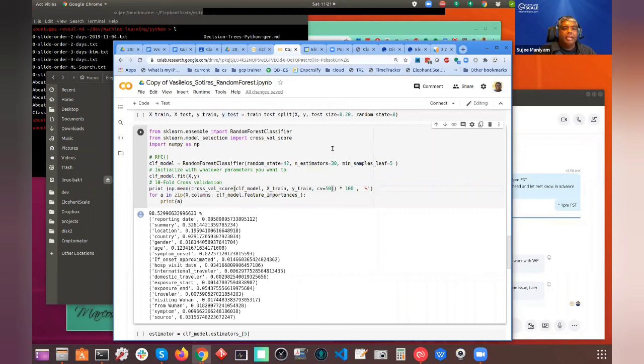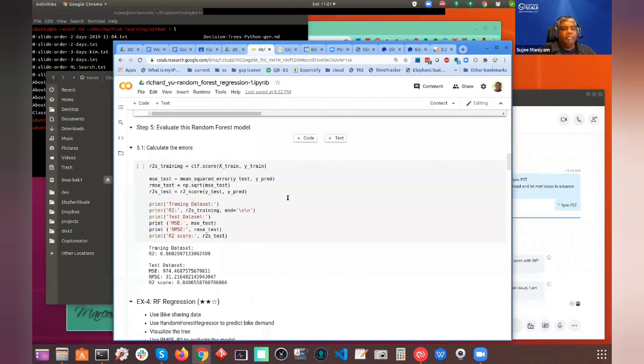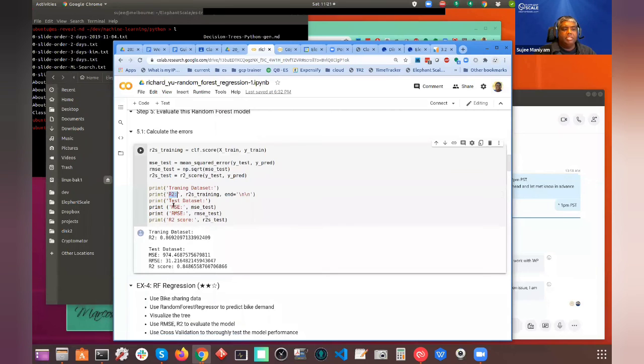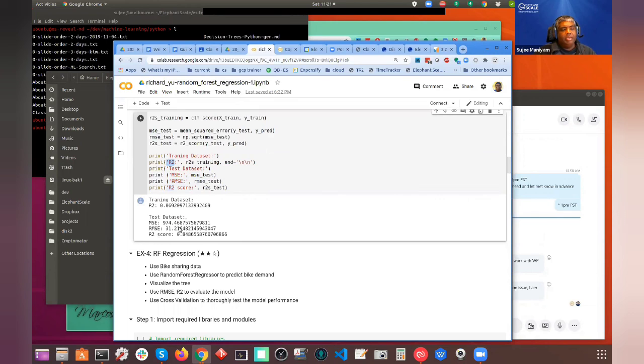But for regression, we have different metrics: R squared and MSE. You always have to think, what's my error metric? I've seen people try to use accuracy for regression. That's not correct, because in regression there's no such thing as accurate. The only thing you can measure is how close you are to the actual value, and that is measured by mean square error and R squared. Anyway, all of this should be pretty familiar to you guys.